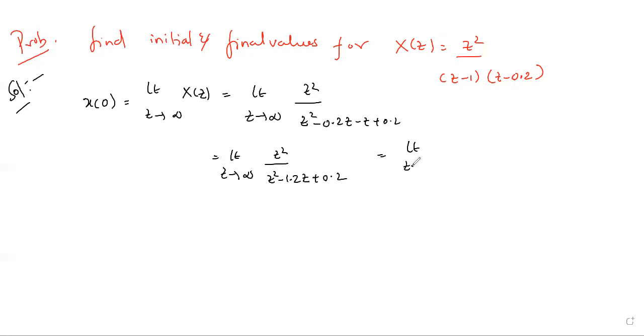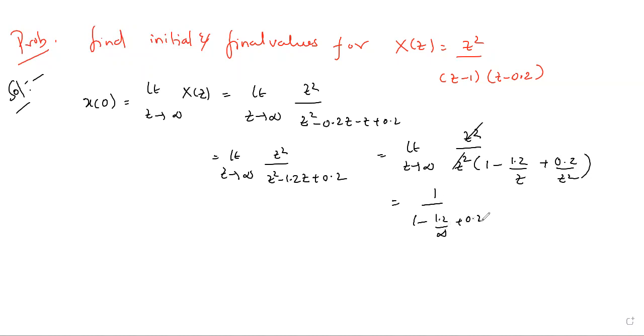Next, whatever highest power is there in the denominator, take it as a common term, because we want z terms only in the denominator. That gives 1.2 by z and 0.2 by z square, and z square will get cancelled. If you apply the limit, 1.2 by infinity and 0.2 by infinity are both zero. So the initial value is 1.